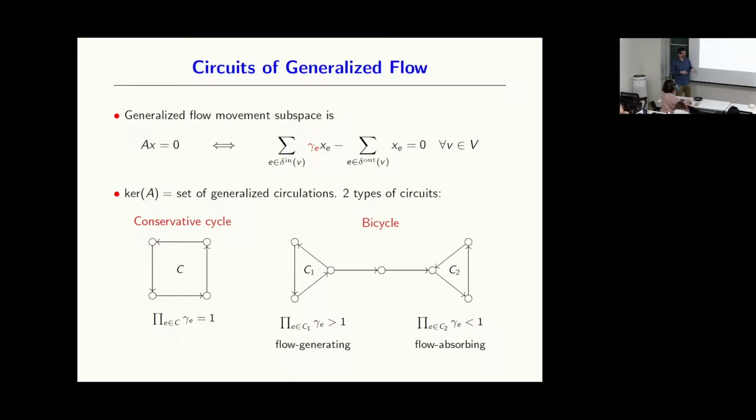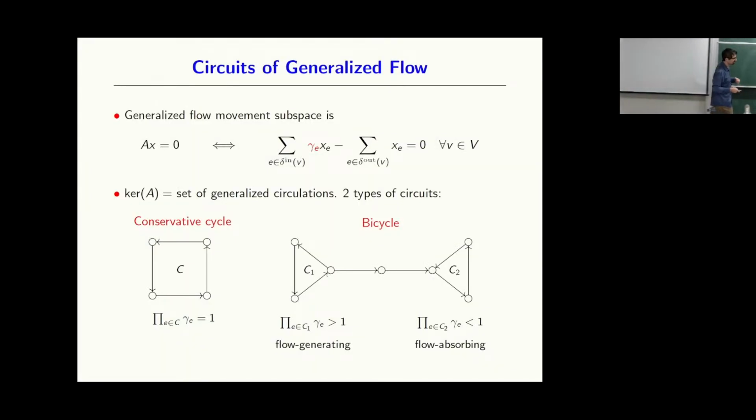But then you have the more complicated objects, and these are called bicycles. All right, so these are called bicycles. And what do bicycles look like? You'll have a cycle here which generates flow. So the product of the gains will be bigger than 1. So when I send the flow around the cycle, there'll be some left over here.